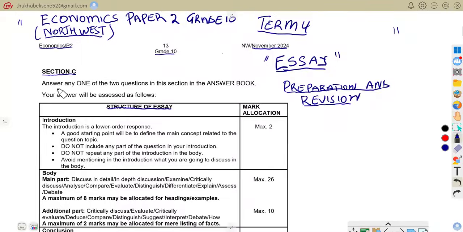Section C says: answer any one of the two questions in this section in the answer book.